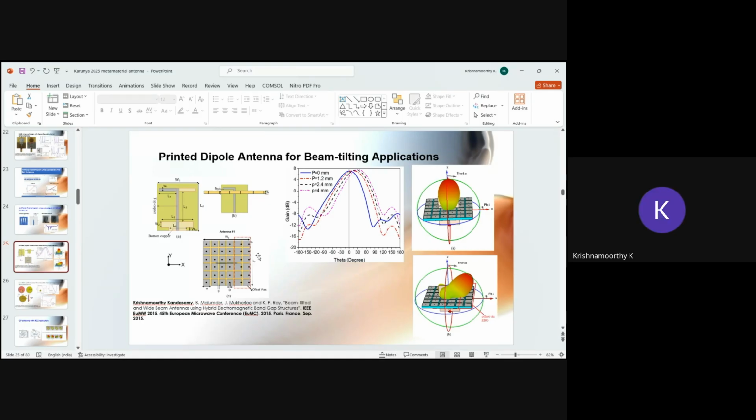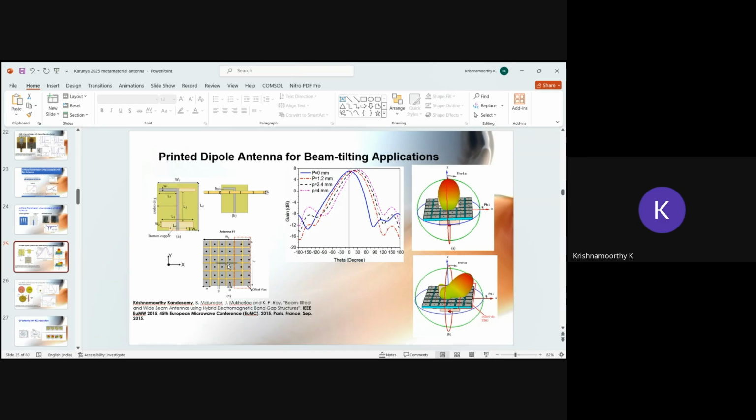Yes, it is possible. Here you see the right side of these two columns we have shifted from center to edge, so the radiation is tilted from the z-axis towards the right side.